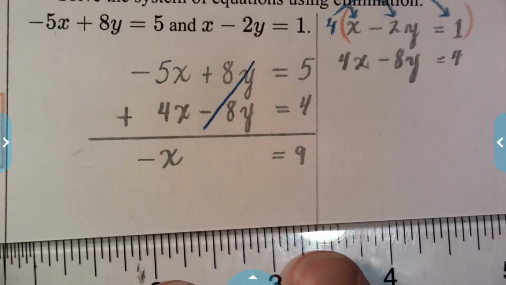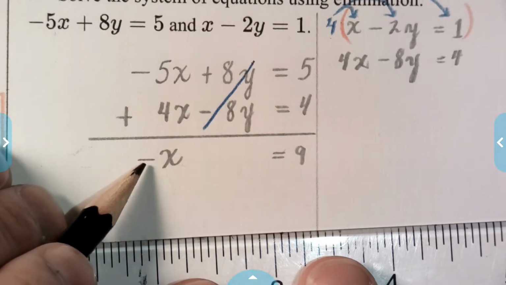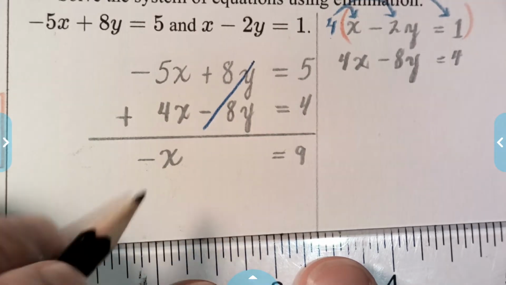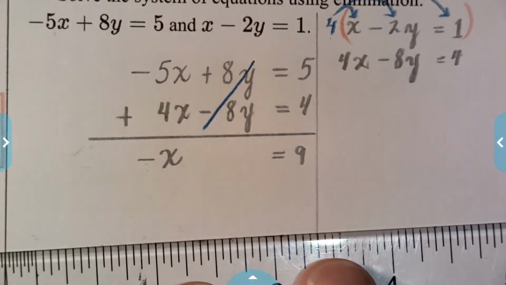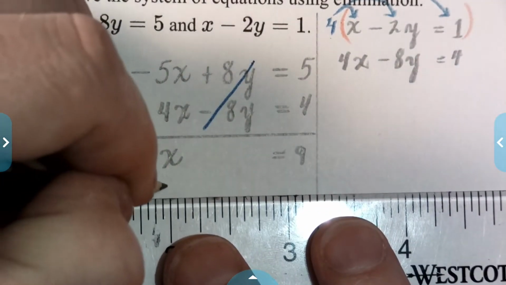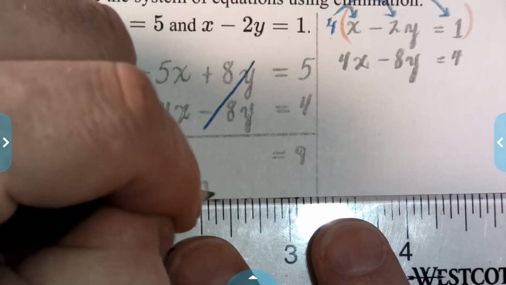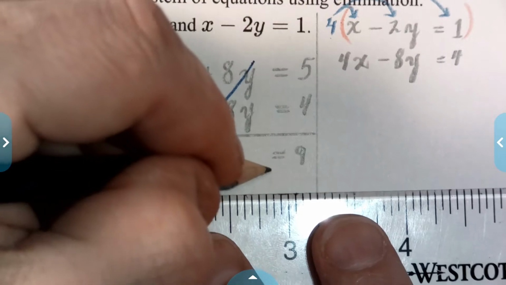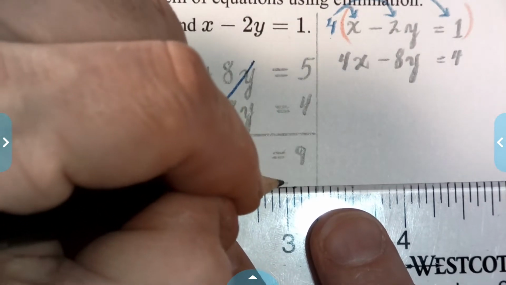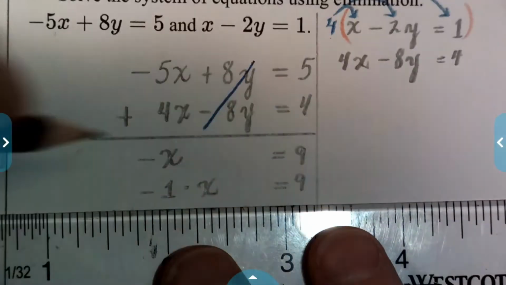So if you don't understand the intuition here, if negative x equals positive 9, then positive x equals negative 9. If you don't understand that intuition, that's okay. We can do negative 1 times x equals 9, and then divide both sides by negative 1.